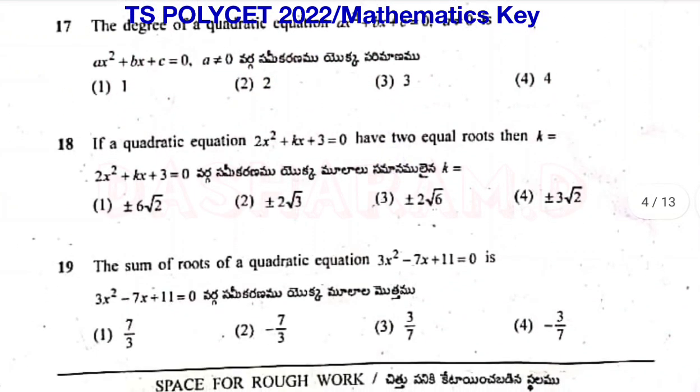Next to the 18th question, if a quadratic equation 2x square plus kx plus 3 equals 0 has two equal roots, then what is the k value? So two equal roots is nothing but b square minus 4ac equals 0, and it is compared with ax square plus bx plus c equals 0.